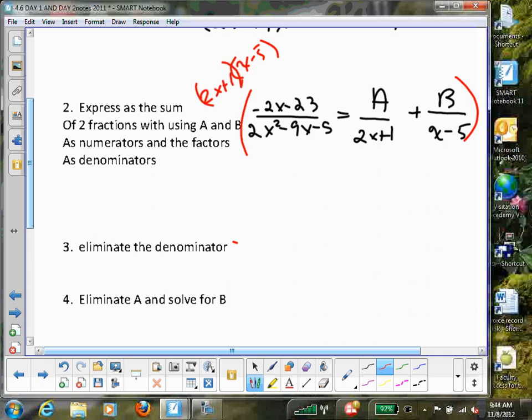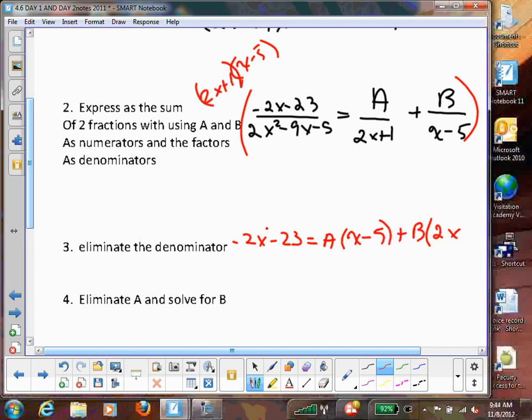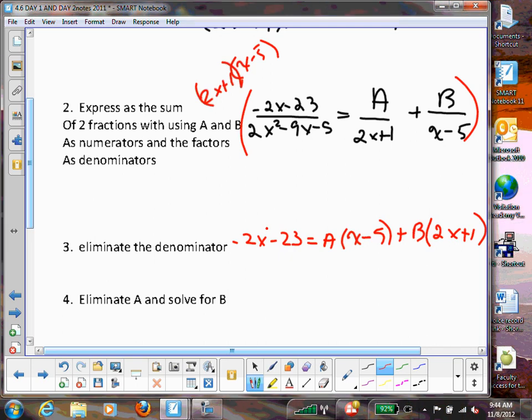We're left with negative 2x minus 23, and then we get a times what? And b times 2x plus 1. And then we're going to distribute, okay?